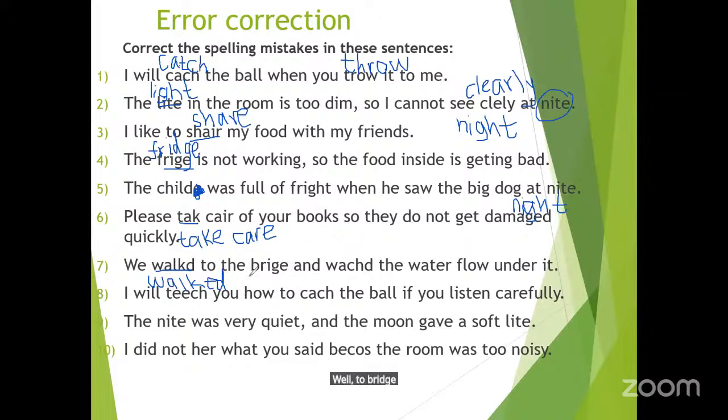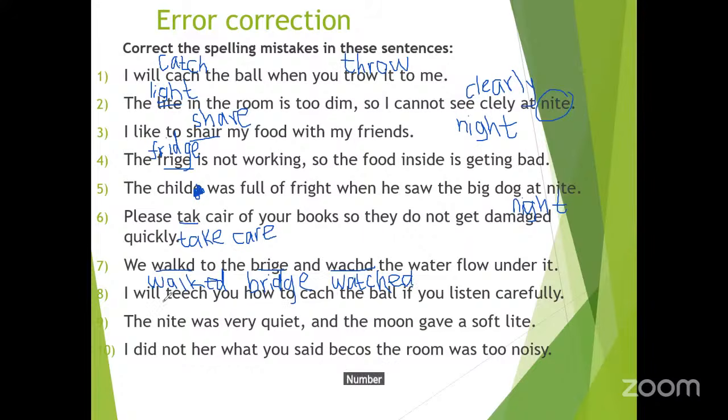Bridge, B-R-I-D-G-E. Then washed, W-A-S-H-E-D. Washed.